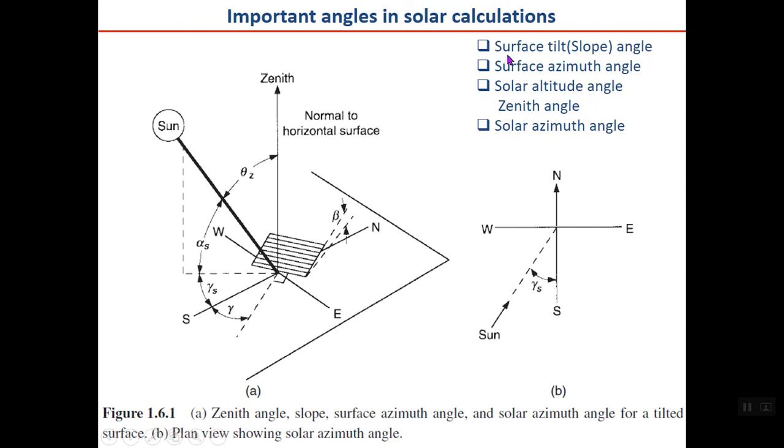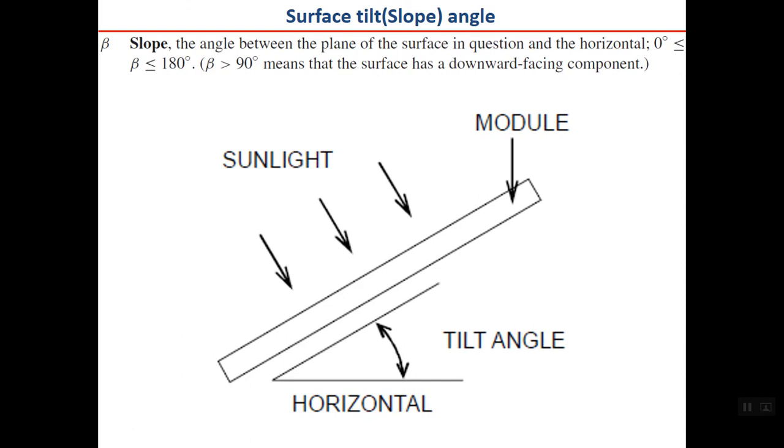Okay, let's start first with surface tilt or slope angle. You can see here beta, which we use in this course, is the angle between the plane, the solar module or collector, and the horizontal.